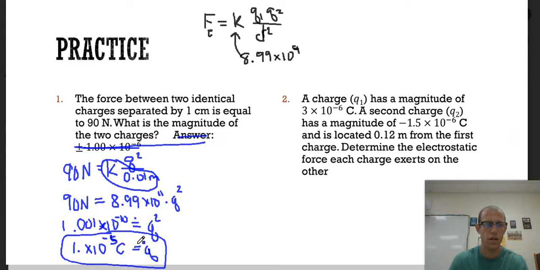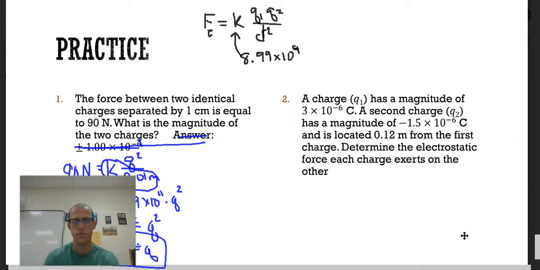So I have an answer of 1 times 10 to the negative 5th coulombs. C stands for Coulomb, just like this is Coulomb's law, and the K is Coulomb's constant. So there you go. This could be a positive or negative charge. We don't know. We only know that they are like charges. So they both could be positive charges, or they both could be negative charges.